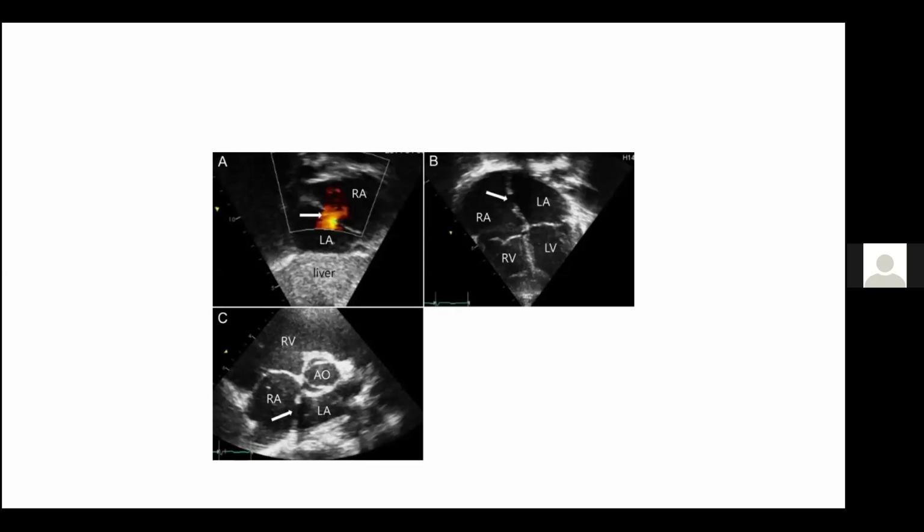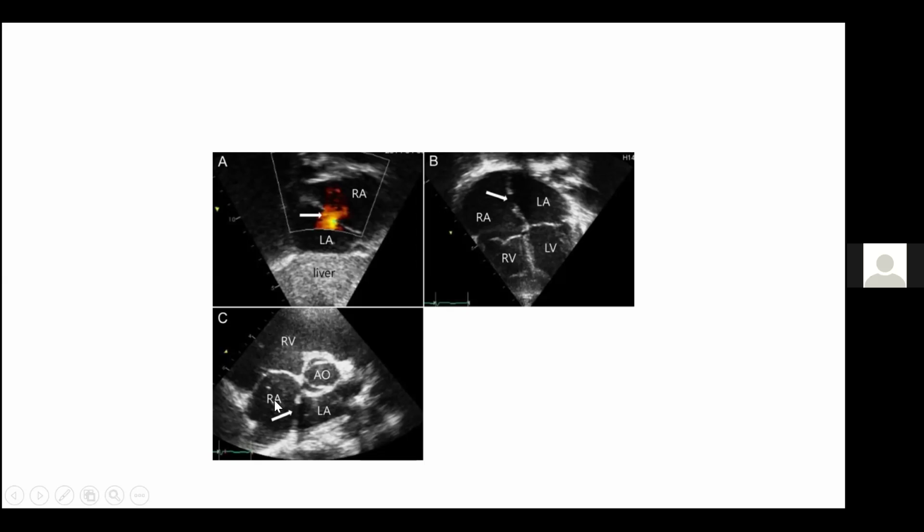We can see the color flow and the communication between the right atrium and the left atrium through the ASD. And also, this is a four-chamber view that is also inverted, and you can see the communication there between the right atrium and the left atrium. And also here at the short axis view, you can see the communication here also.